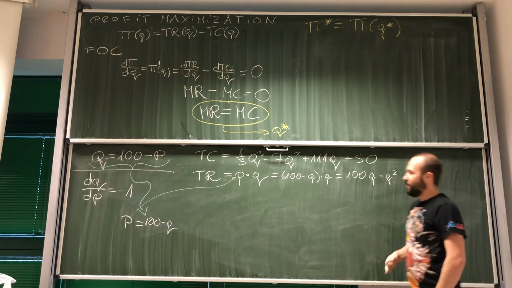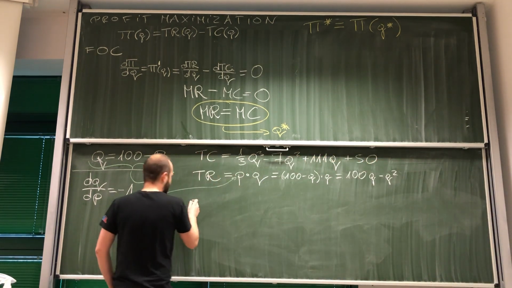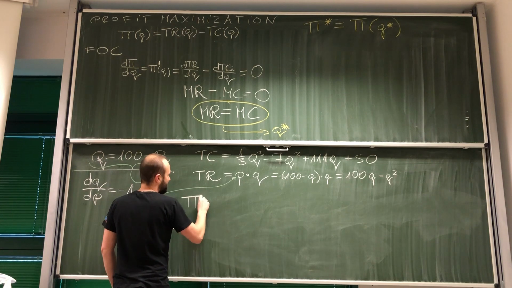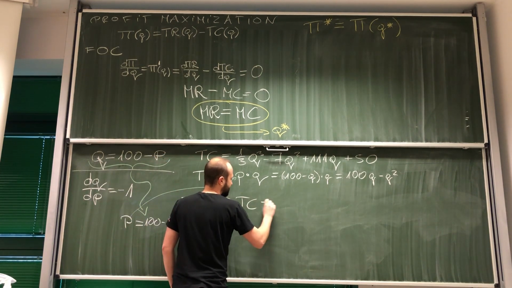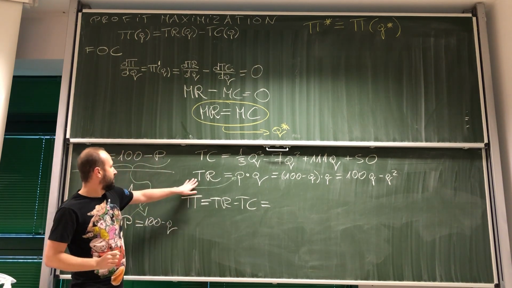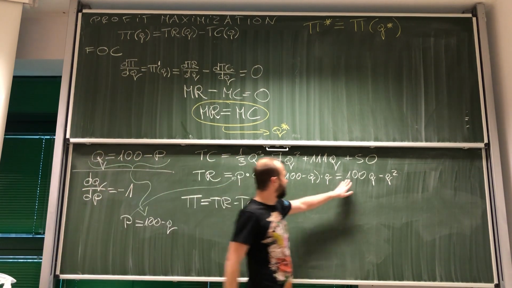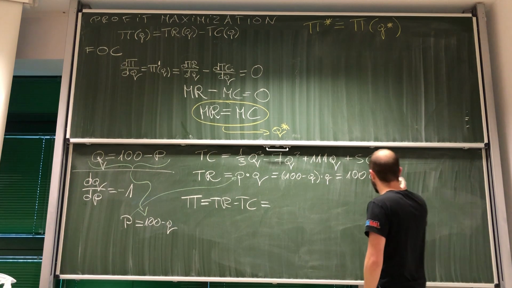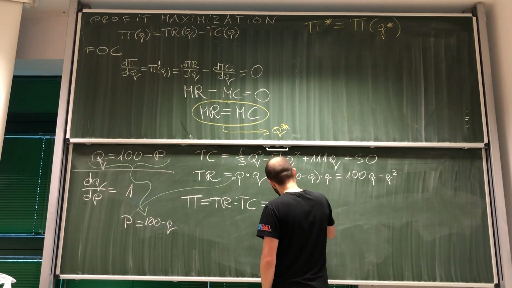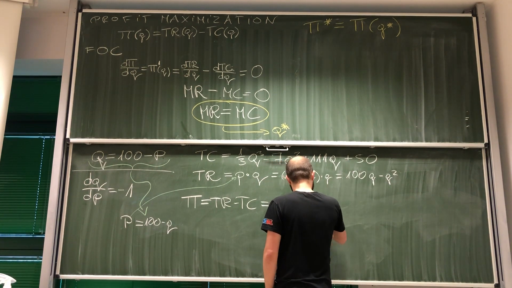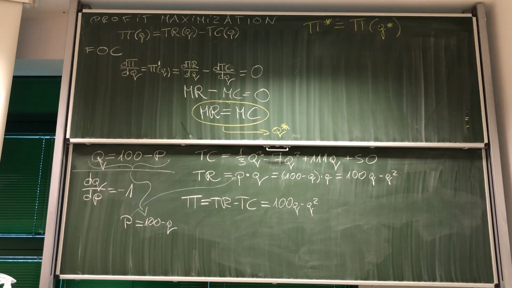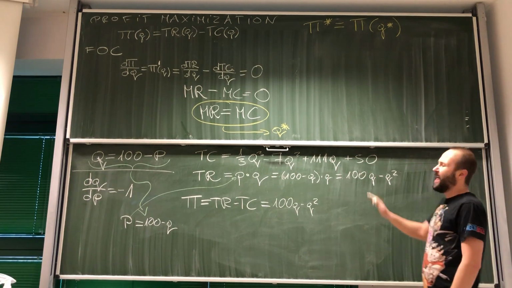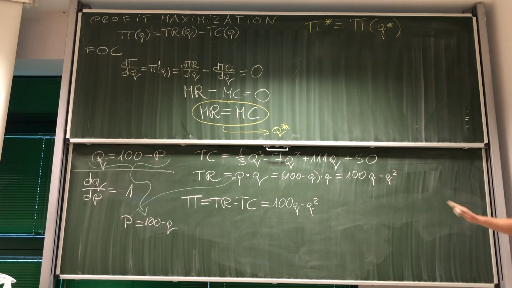Okay. So what should be our next step? Of course, now I can build the profit function. So profit, which is equal to total revenue minus total cost, is given by, of course, instead of total revenue, I'm writing this 100q minus q squared. And now, look, what I need to do is to subtract total cost. And look, this is a very common mistake.